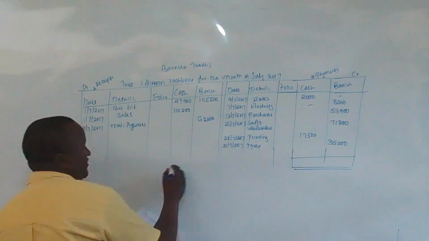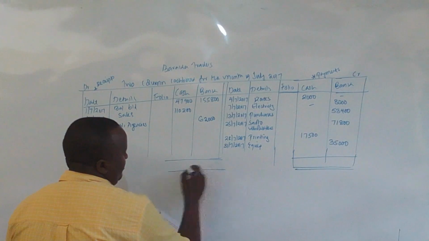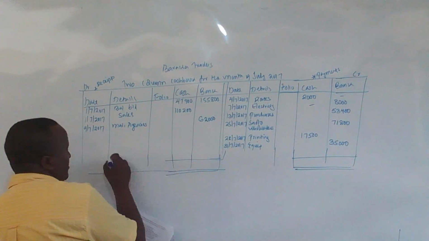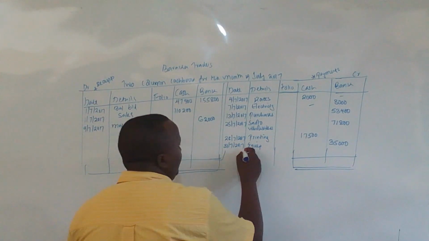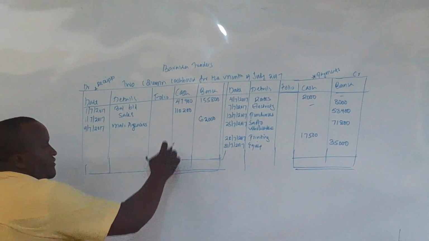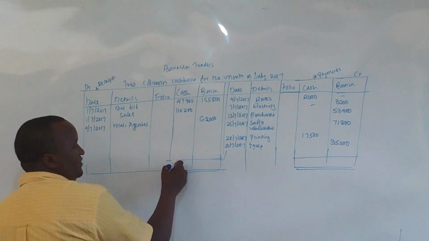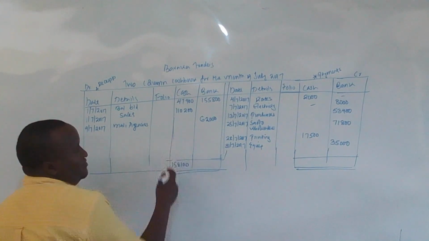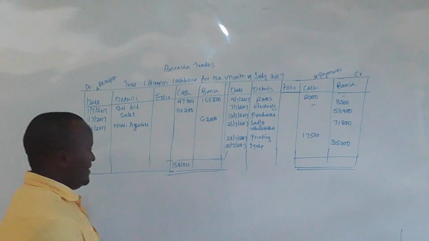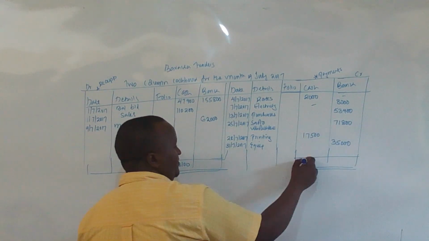So take your calculator, we balance it off. Determine. So get the total for the cash. When you add that total, 158,100. I think this side is bigger. These two will be 19,500, when you add 17,500 plus 2,000.